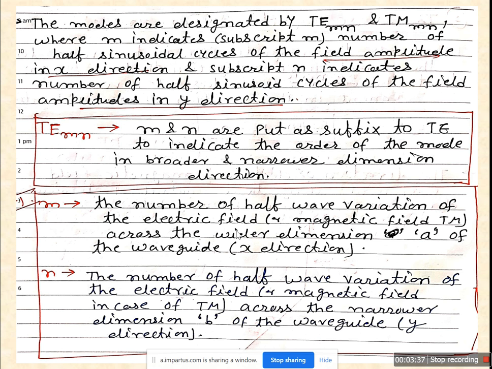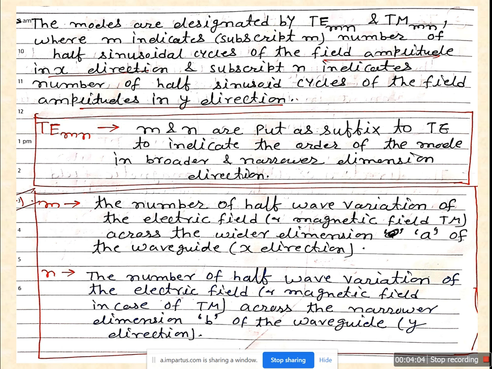Here M and N are put as a suffix to TE to indicate the order of the modes in the broader and narrower dimension, broader in x direction and narrower in y direction. M represents the number of half wave variations of the electric field or magnetic field across the wider dimension a of the waveguide, that is the x direction.